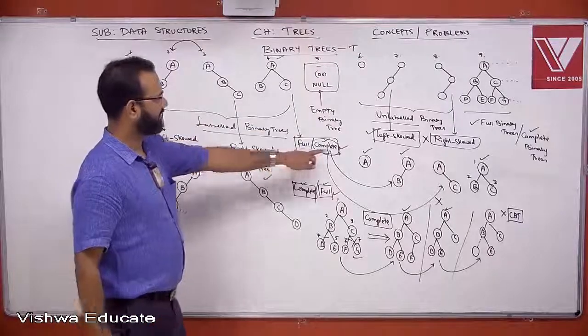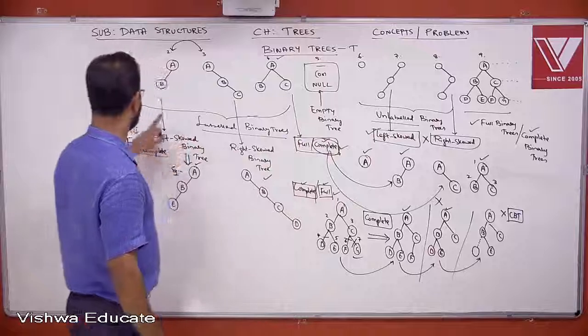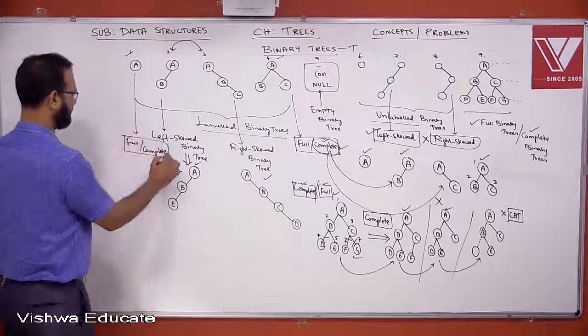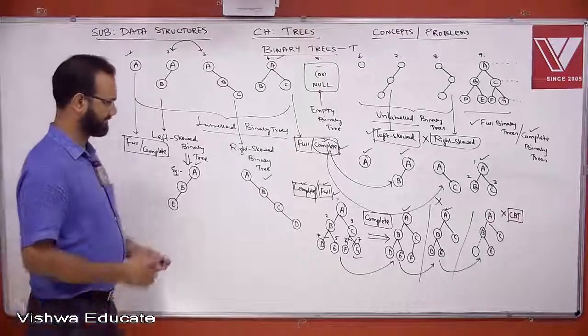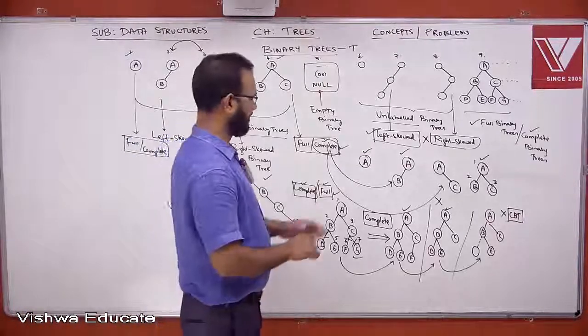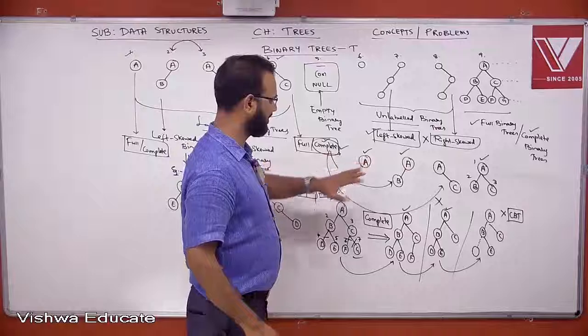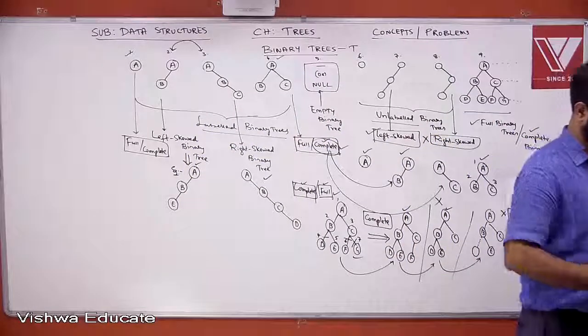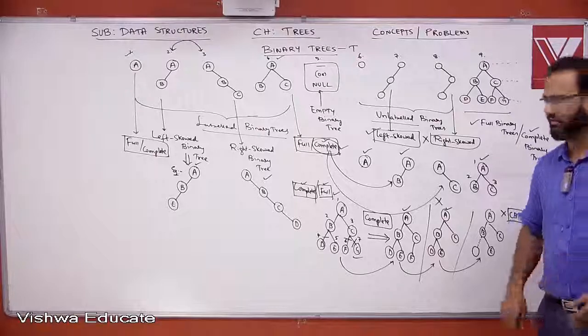Full and complete, there are three examples here. This one is also full and complete. Then the last concept: among full and complete, what exactly the difference is. You can note down this part.